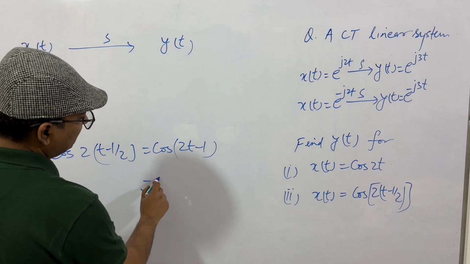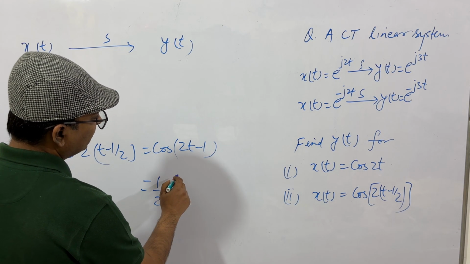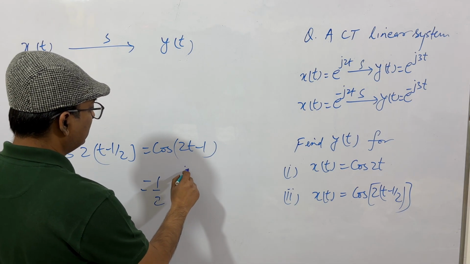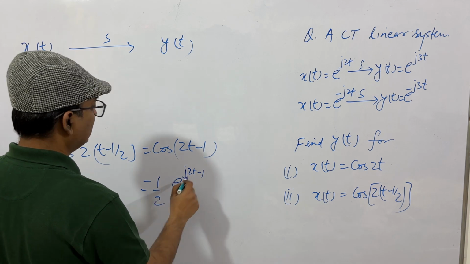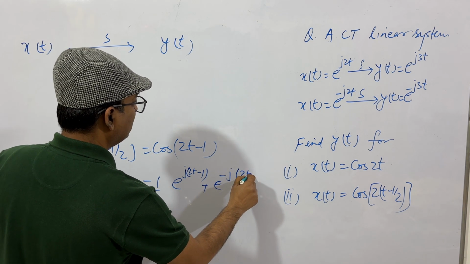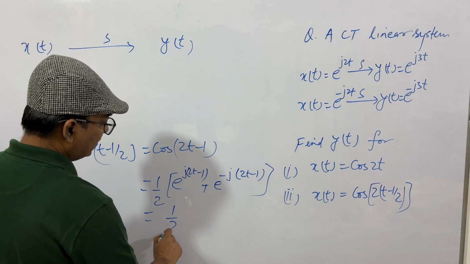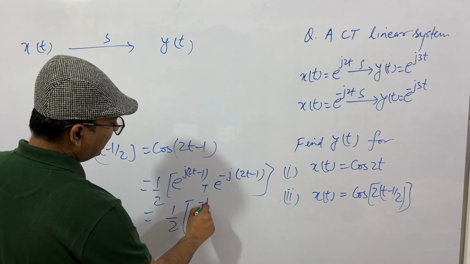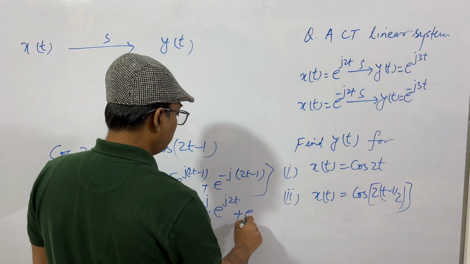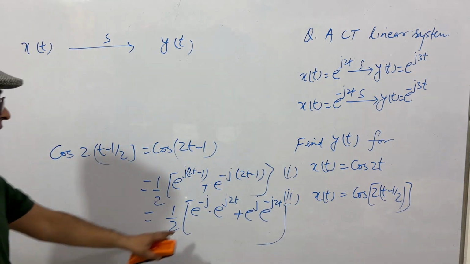We can write it like this, half e^(j(2t-1)) plus e^(-j(2t-1)). You can express it like this, or you can write it as half e^(-j) into e^(j2t), where we have plus j, then e^(j) into e^(-j2t). But this is also scaling.